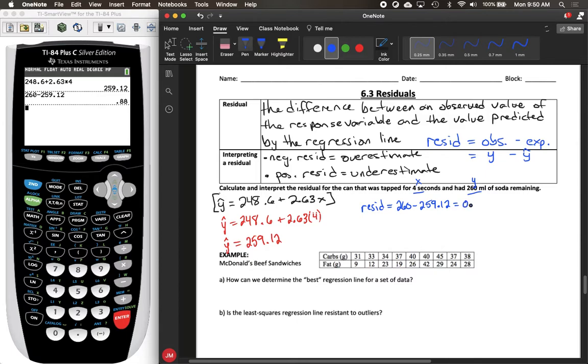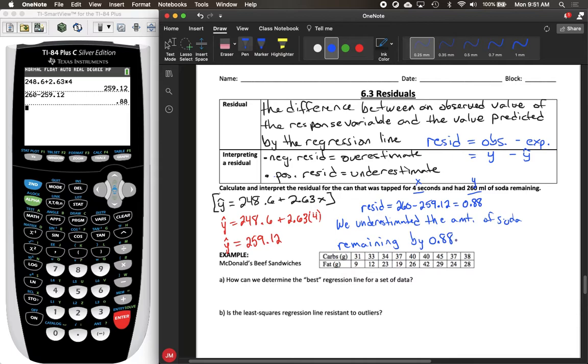Now, as we go to interpret this, 0.88 is a positive number, so a positive residual is an underestimate, which we already knew because 259 was a little bit less than 260. So our interpretation is that we underestimated the amount of soda remaining by 0.88 milliliters.